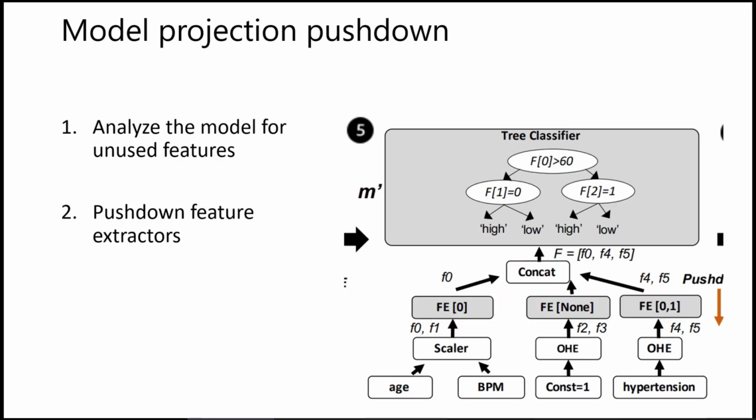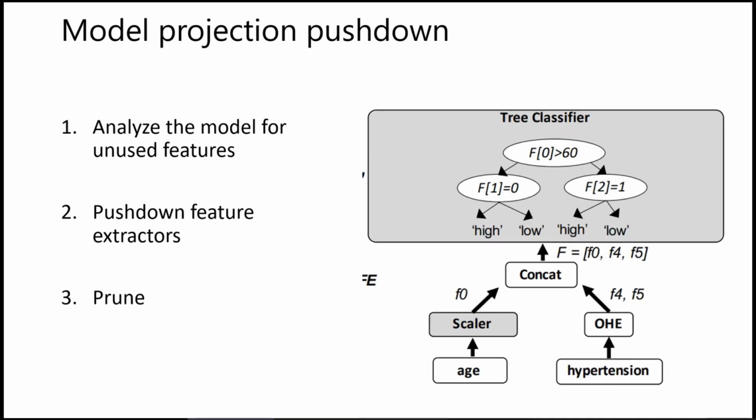And so to do that, in our graph, we add feature extractor nodes. In ONNX, there are feature extractor nodes that you can add to say, I want to select this feature, I don't want to select this feature. And so we're just working backwards from the model and pushing these feature extractor nodes all the way down.